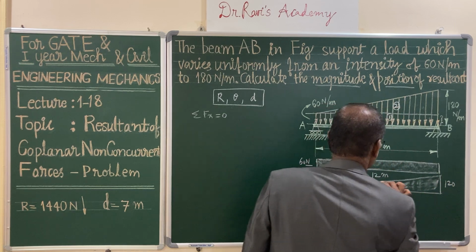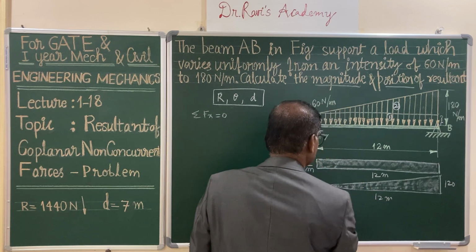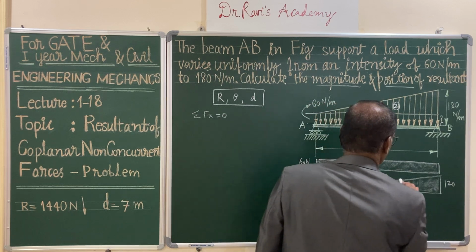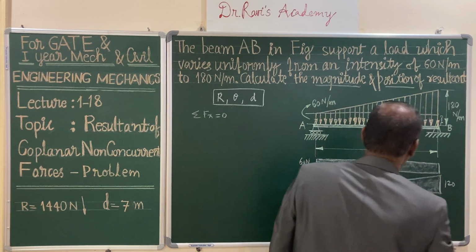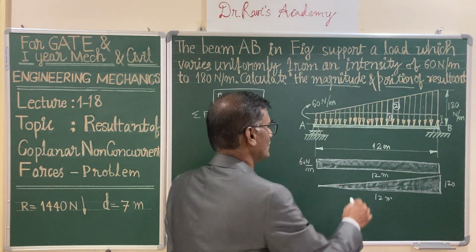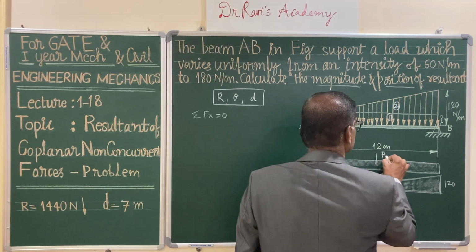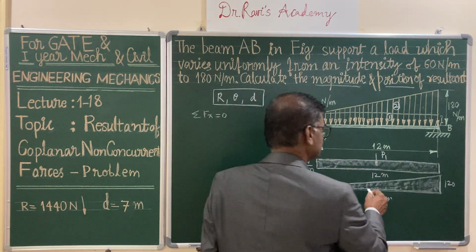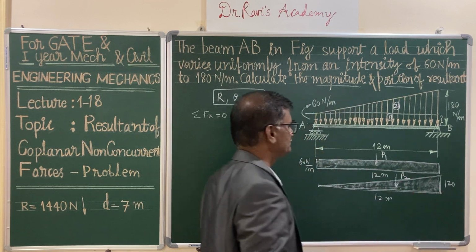So you have divided this particular loading diagram into two simple diagrams. One is the rectangular load, which I am calling P1, and the triangular load, which I am calling P2.